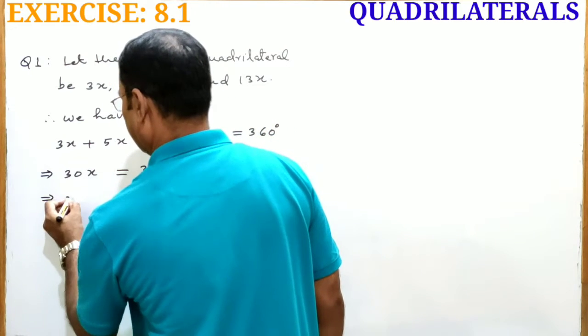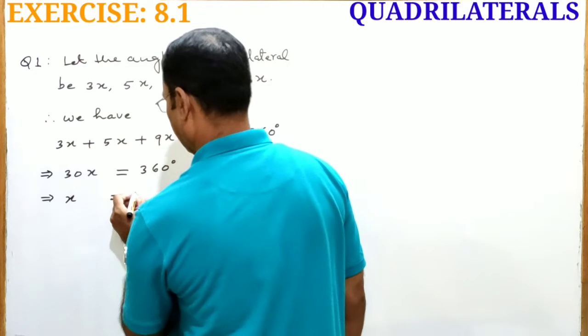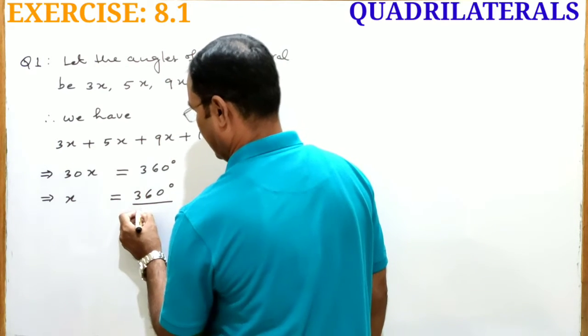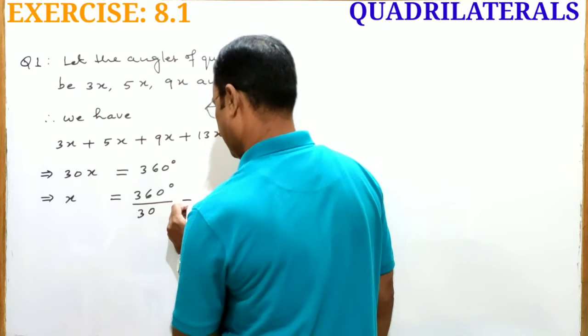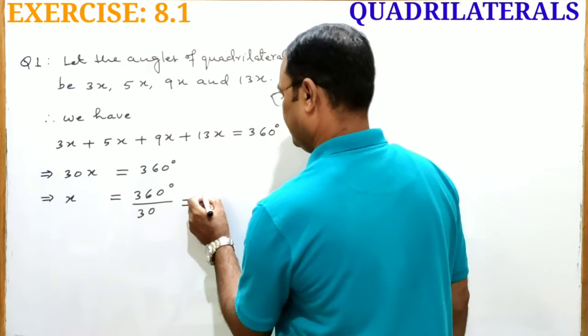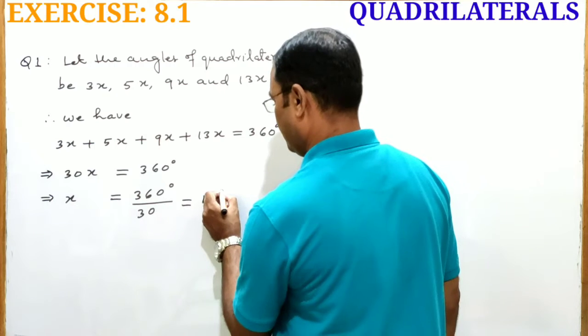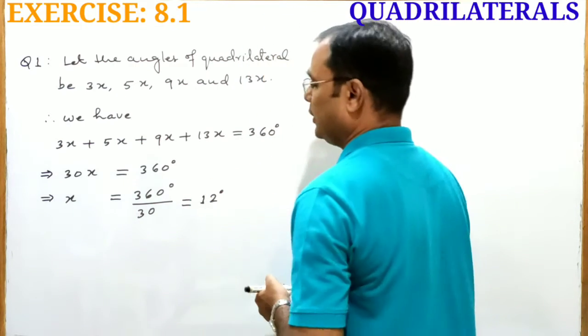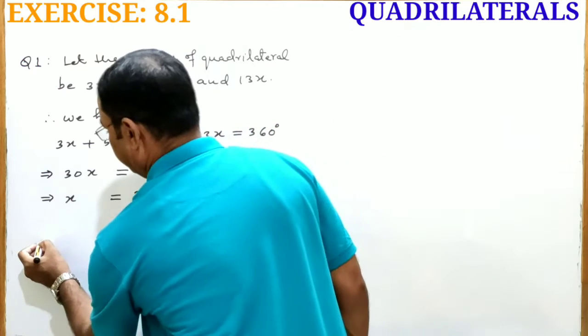So x is equal to 360 degrees divided by 30, which is equal to 12 degrees. So value of x we have got 12 degrees.